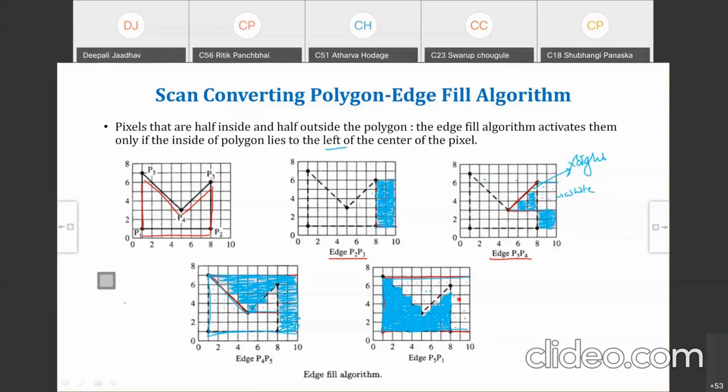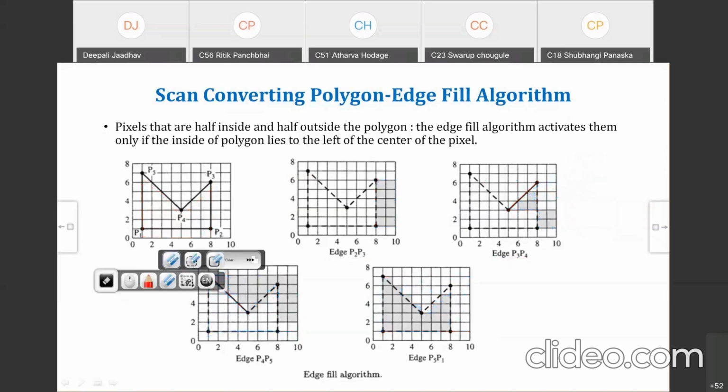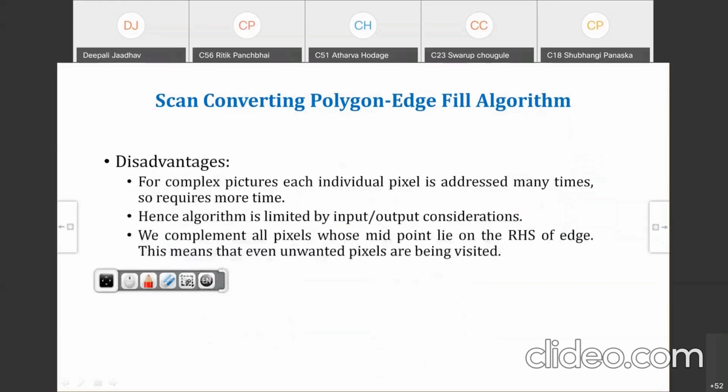So these pixels are activated 4 times. So in this way, there are some pixels which are activated more times, which is time consuming and also costly. That is one of the disadvantages of this simple H-fill algorithm.